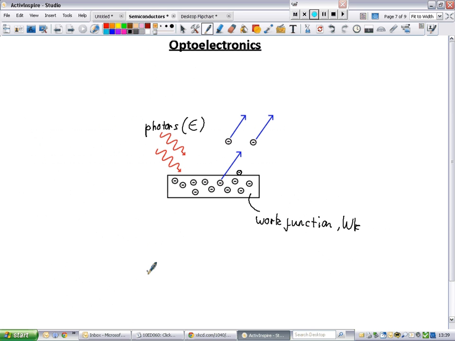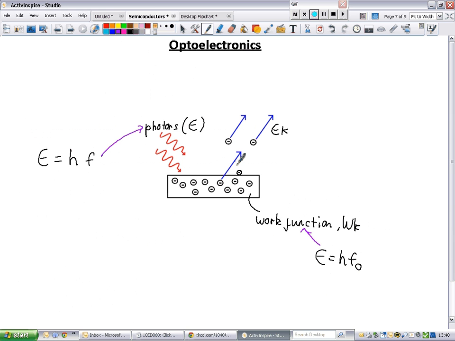If, however, you put in more energy than is needed for the work function, then any remaining energy will be kinetic energy. So the energy of our photon, just as with the previous question, is E equals hf. That gives us the energy that the photon has. The work function is related to the threshold frequency, hf naught.